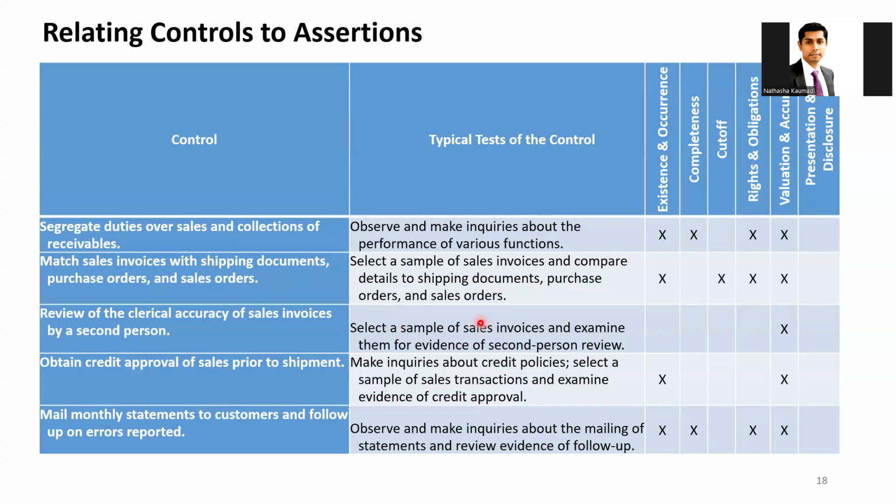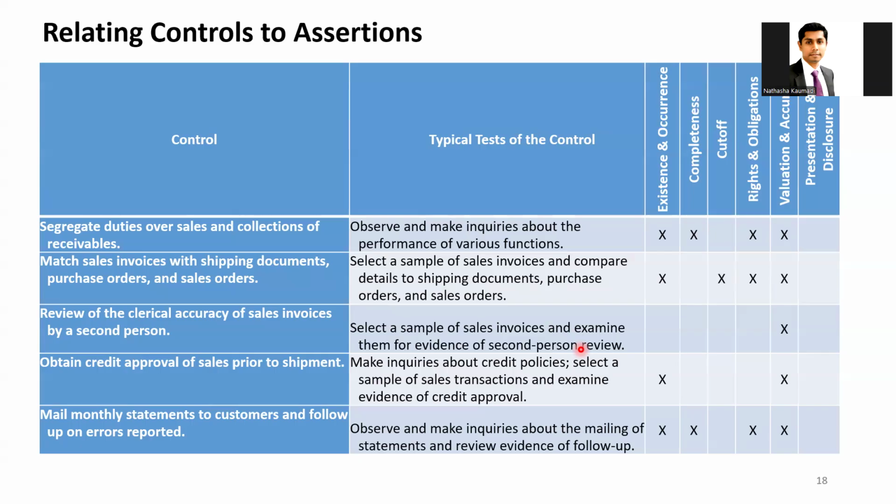So select a sample of sales invoices and examine them for evidence of second person review. You go and pick a sample, you don't do the mathematical calculation again, because that is not the test of control. That control is a second person comes and checks the mathematical accuracy.